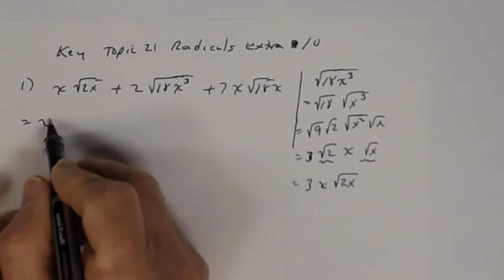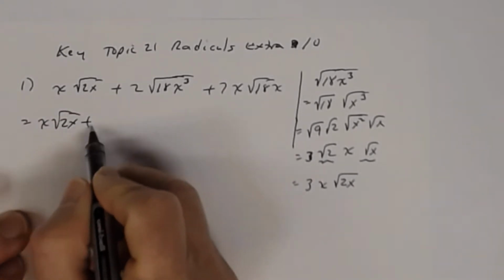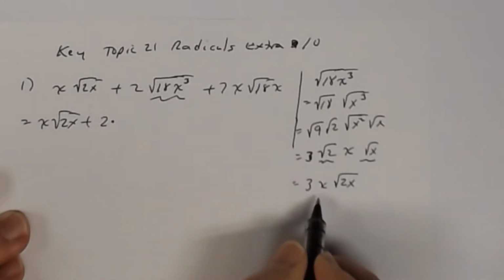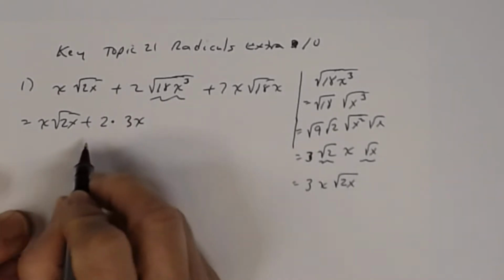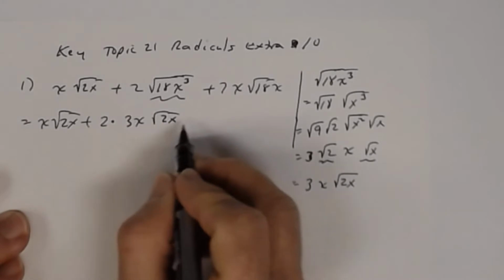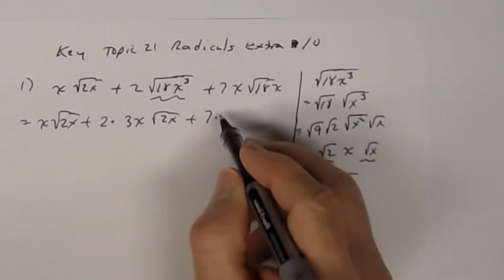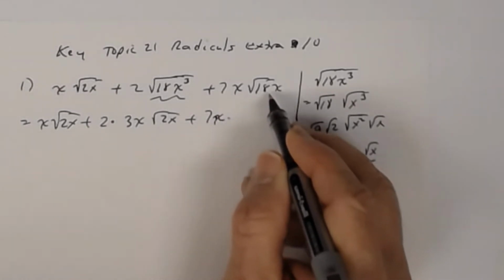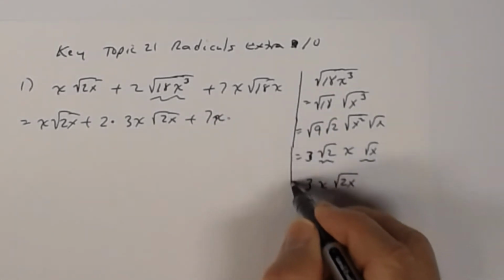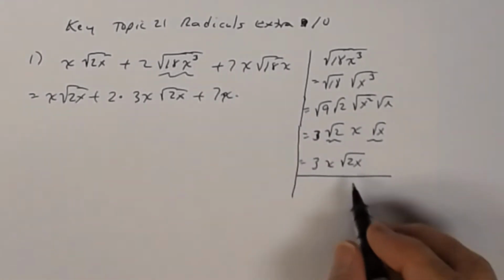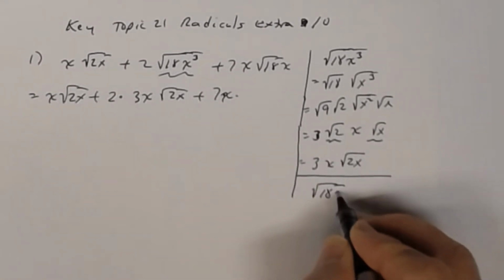So I get x square root of 2x plus 2 times this. Remember, this is this, so rewrite it: 3x square root of 2x plus 7 times, now let's talk about this, 7x times, and let's simplify the square root of 18x.